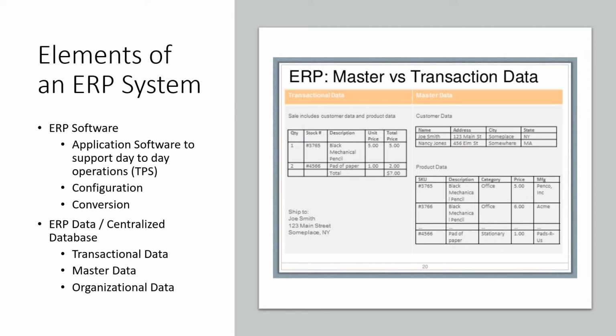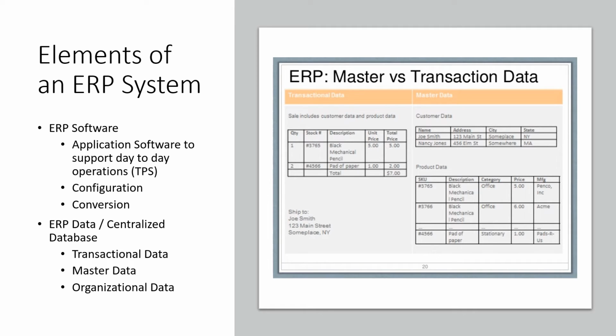ERP systems work with both master and transactional data. The transactional data is the day-by-day data created by transaction processing systems. So this is going to be sales, this is going to be quotes, this is going to be anything and everything that is generated either automatically or routinely that is part of a business process.